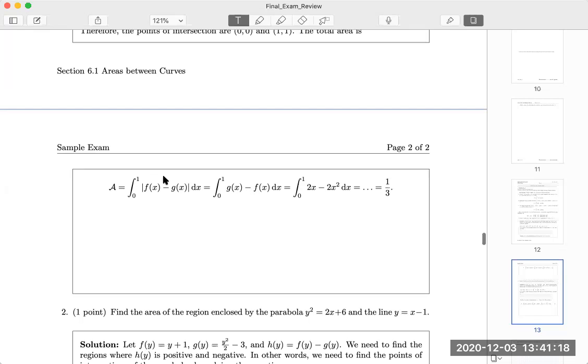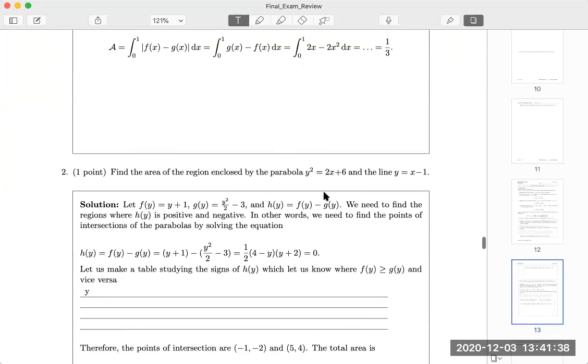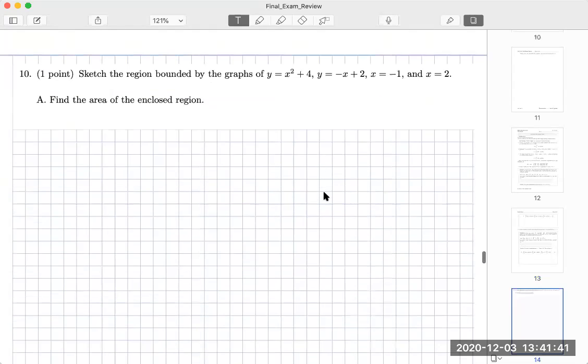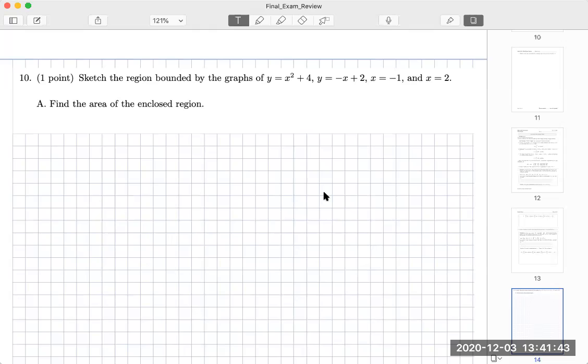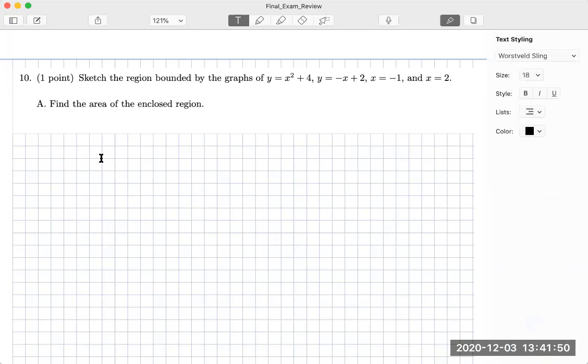Therefore, the absolute value of f minus g becomes g minus f, and we just substitute and do this integral. That is one way. Another way, if we know the graph of the function, is also easy. So now let us try to graph it.